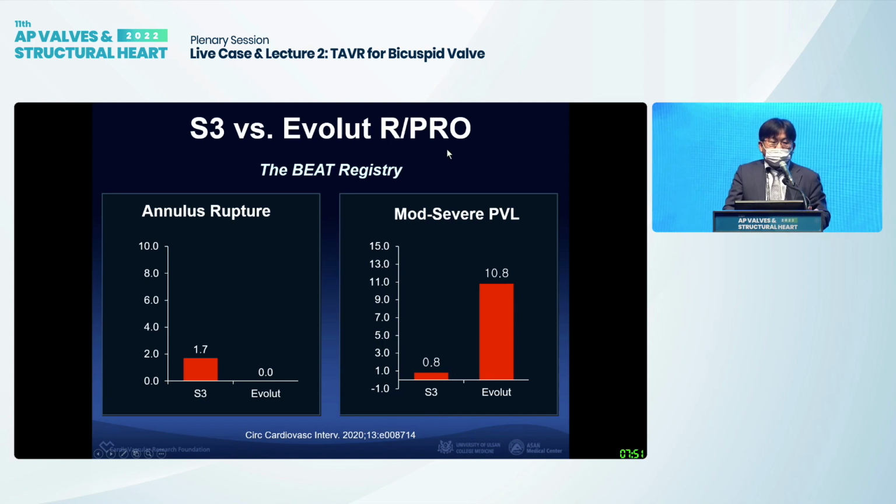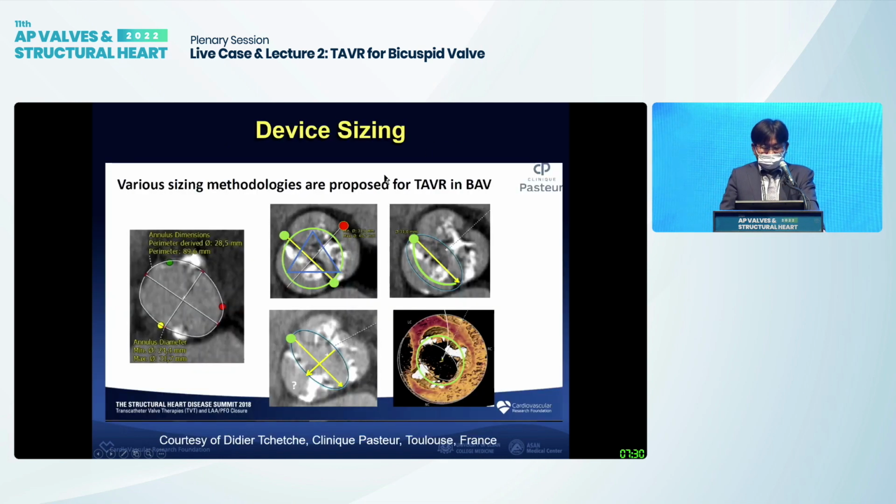So overall, regarding the hard endpoint of death and stroke rate, there is no difference between the two devices, self-expandable and balloon expandable, but different complication profiles. Higher risk of aortic rupture in balloon expandable device, but higher risk of paravalvular leakage in self-expandable device.